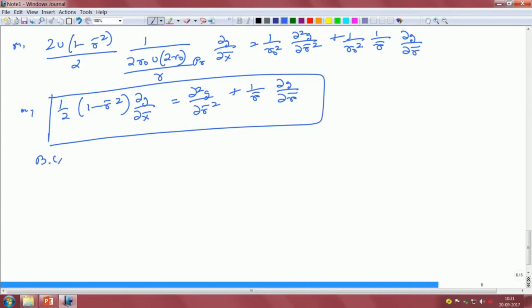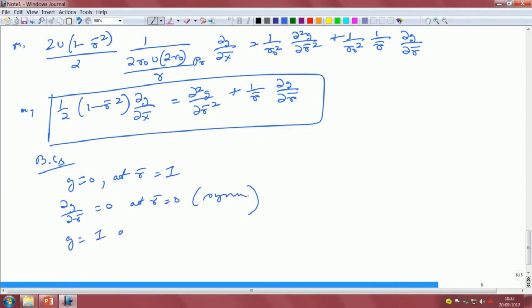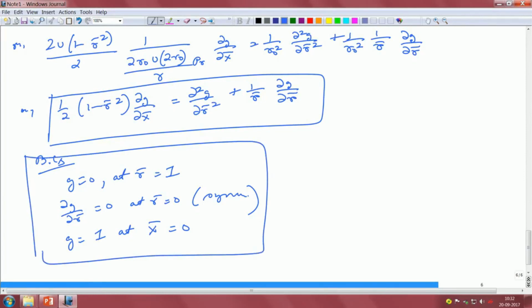So, the boundary conditions are g equal to 0 at r bar equal to 1, which is given, right. dg by dr bar is equal to 0 at r bar equal to 0, this is symmetry, okay, and g is equal to 1 at x bar equal to 0, right, because that is the point where the temperature is the same as the inlet temperature, right. So, based on these expressions, we move forward, got it.